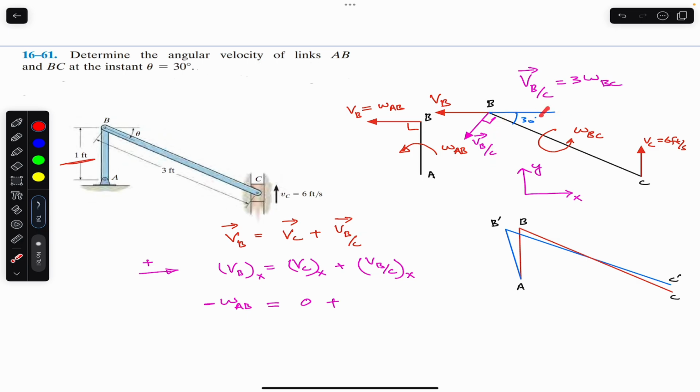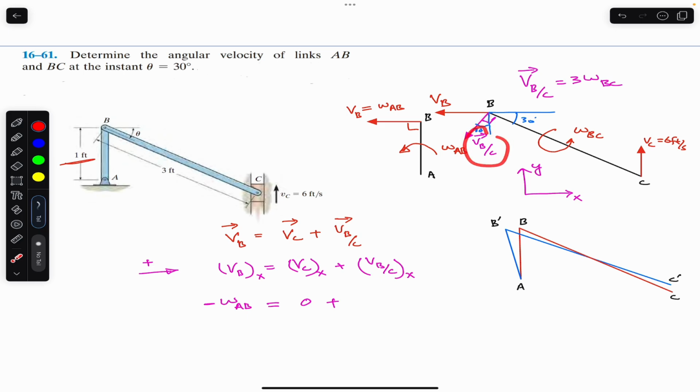So if the angle between this line and this line is 30 degrees, then the angle between this and the vertical line is also 30 degrees. So this means that this velocity of B relative to C is making 30 degrees with the vertical.